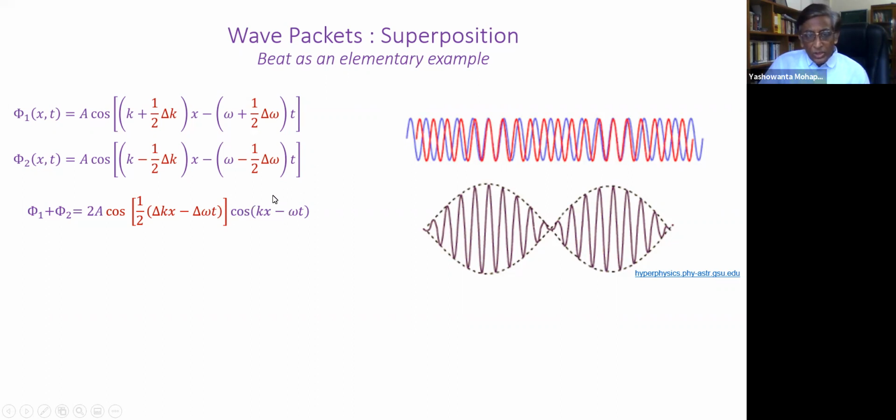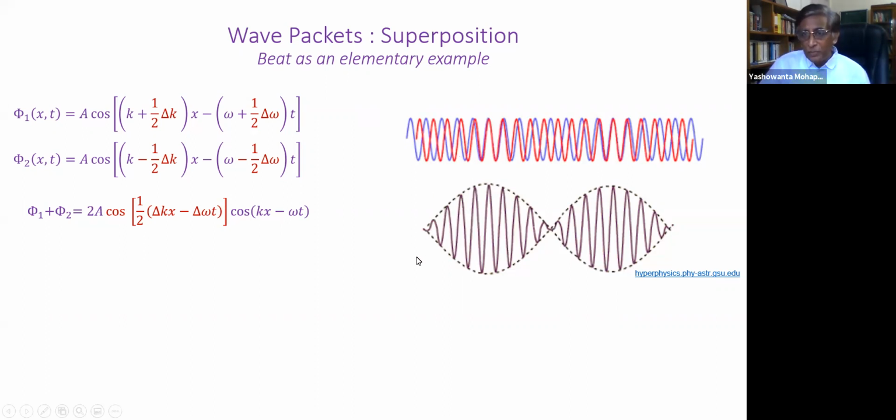So this cos of kx minus omega t is the original wave. And this dashed line is cos of half delta k x minus half delta omega t. So superposition of just two waves has now given me what I'll call a wave packet.